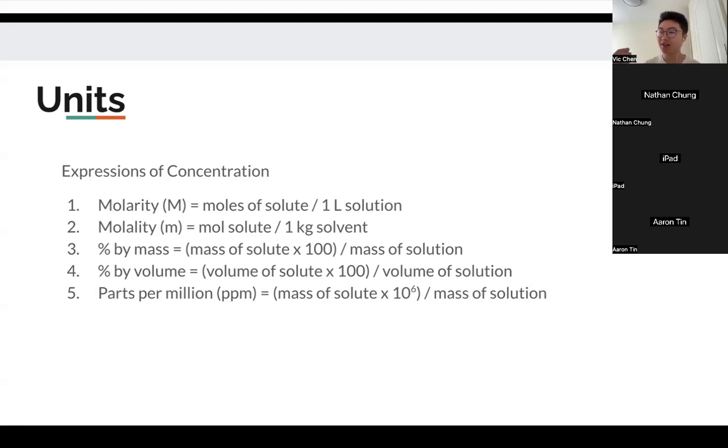So if you had salt, let's say table salt, NaCl, sodium chloride, you take the number of moles of sodium chloride and you divide this by the volume of whatever solution that you have, let's say soup. And so let's say I had 2 moles of sodium chloride inside a 2-liter solution of soup. That would mean that the molarity of sodium chloride in this soup would be 1 molar.